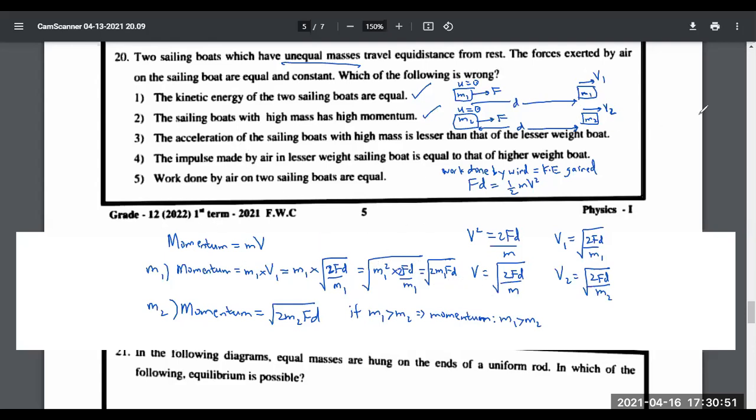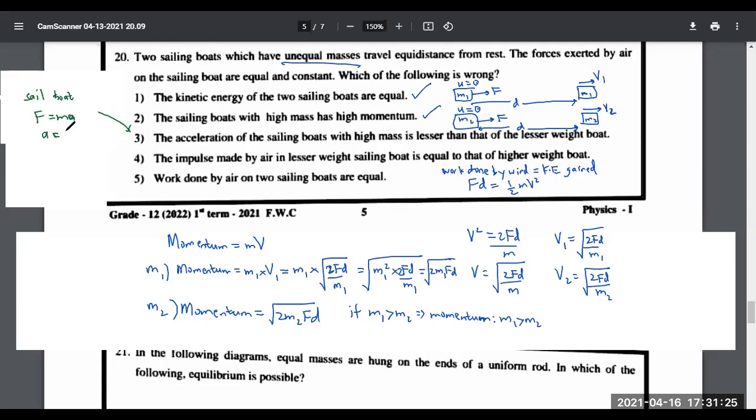The acceleration of sailing boats with high mass is lesser than that of the lesser weight boat. What do you say about that third statement? That is easy to derive. For the sailboat, if you apply F equals ma, acceleration is equal to F over m.